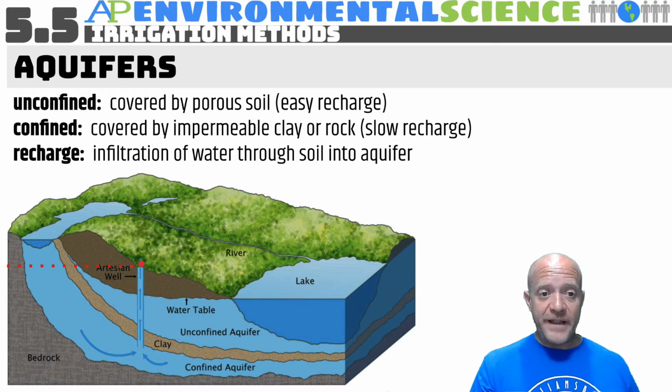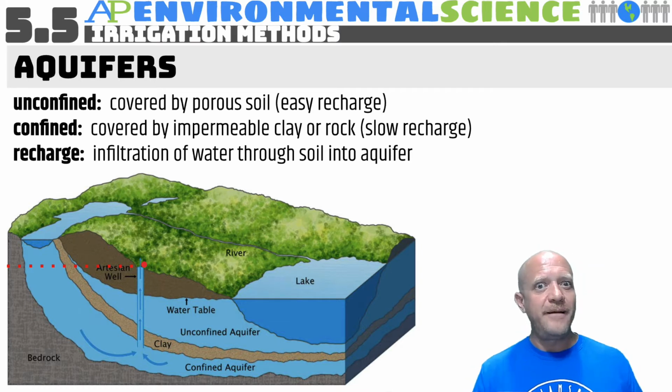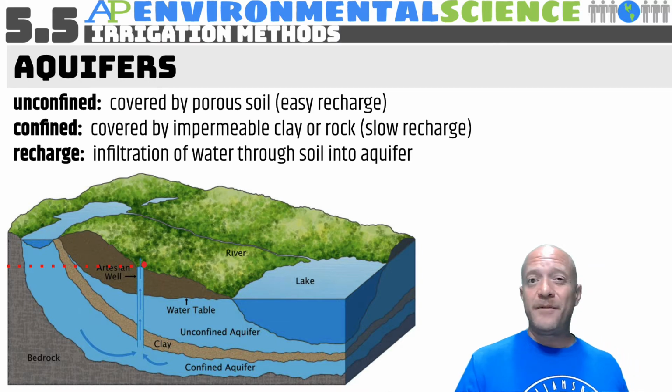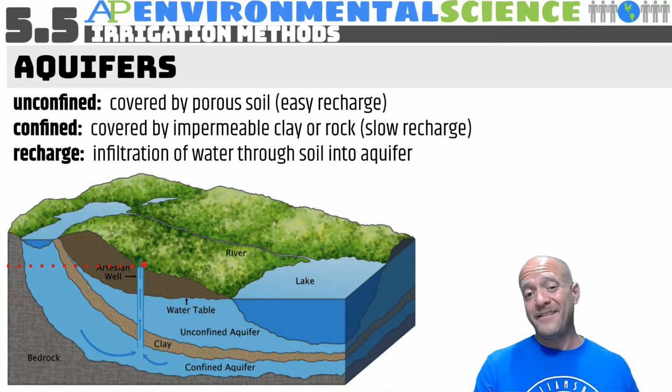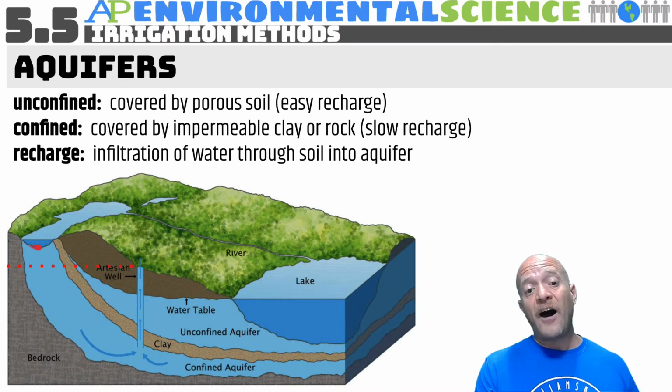In this situation, this is considered an artesian well. I don't really think that artesian wells show up much, though they might show up on some multiple choice questions. But the reason this is an artesian well is because it's going to flow on its own. There is pressure built up here because the level of the artesian well is beneath the top level of this confined aquifer.